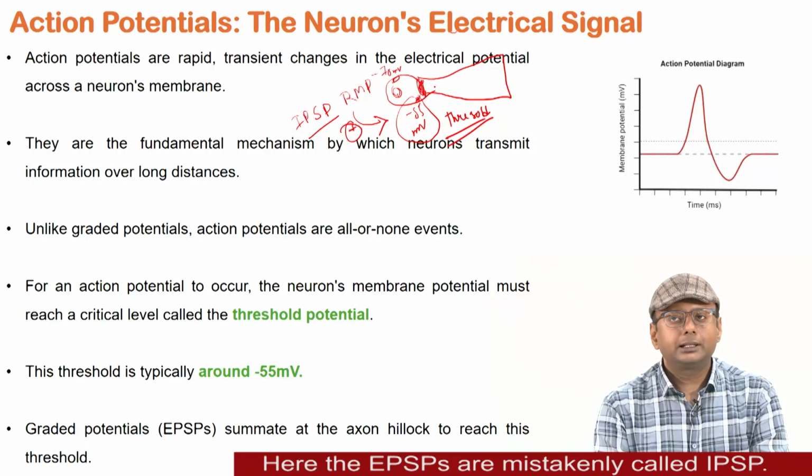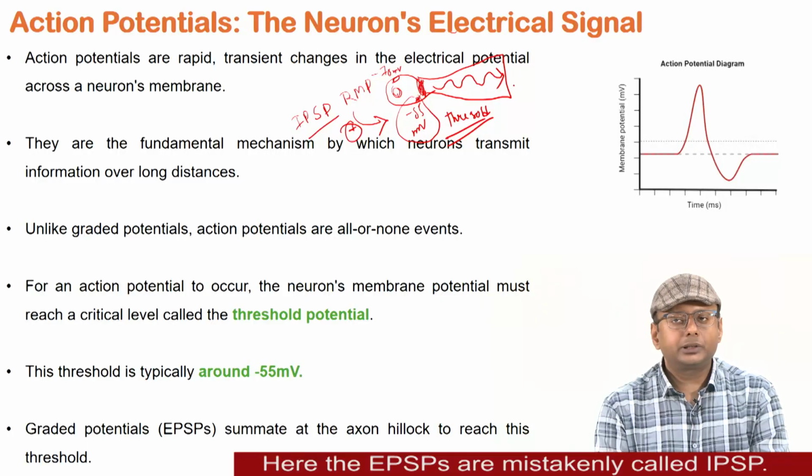So whenever the cell attains this threshold potential, a cascade of ion channel movement happens, and for that we will observe a wave of electrical signal across the neuronal cell. This is what is called the action potential.